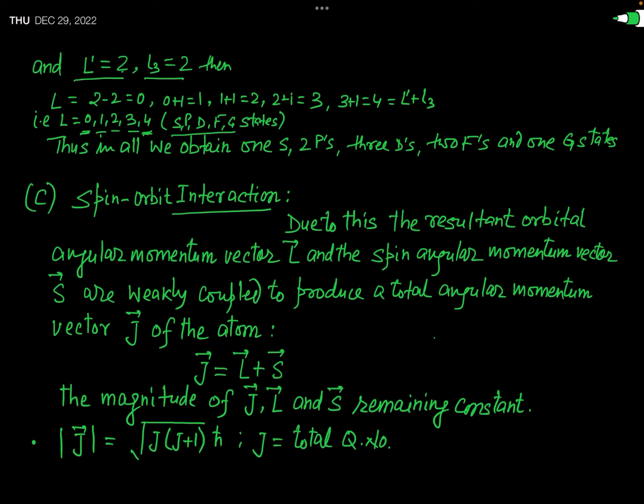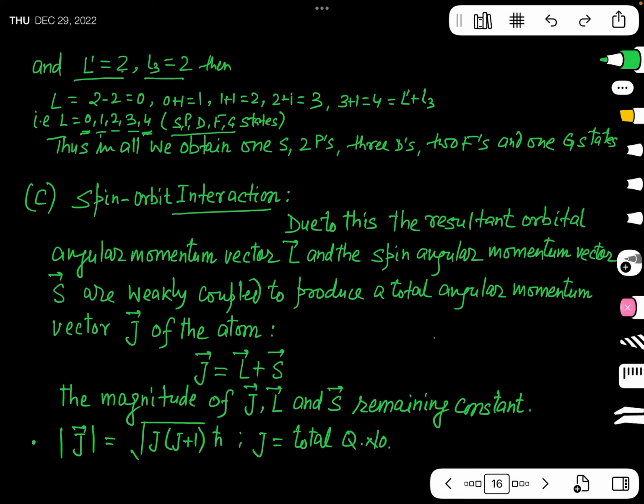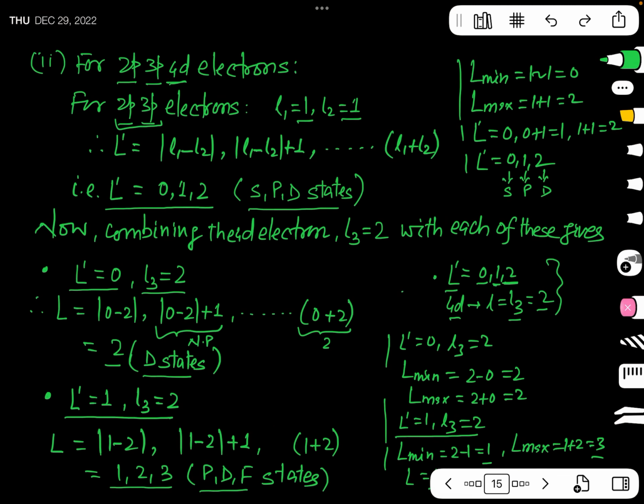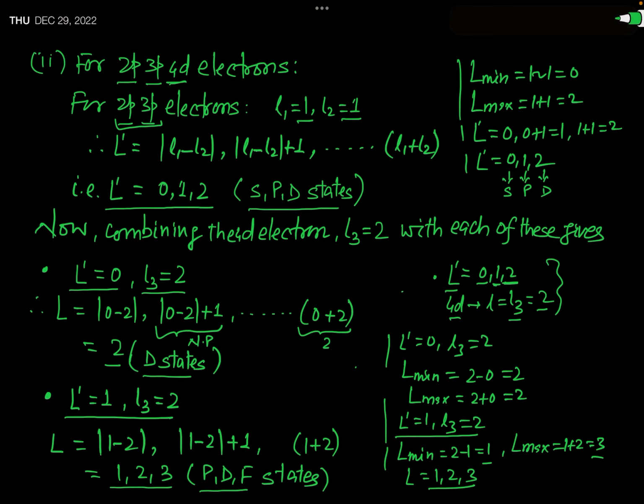So in this condition, after combining the angular momenta of these 3 electrons, 2p, 3p and 4d electrons, what are the states? First of all we get the S, P, D state, then we get a D state.